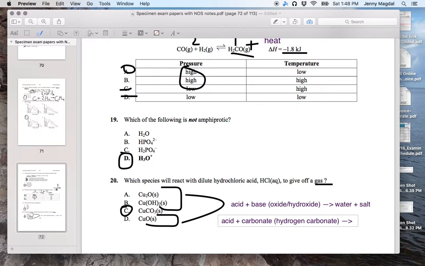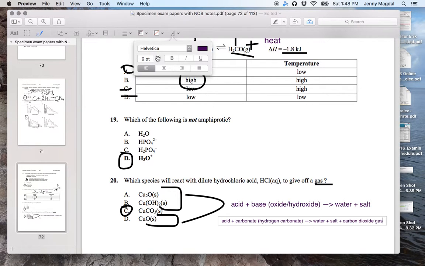They're going to form those same two products that we had before, water and a salt, but they also form carbon dioxide gas. So this one would be my correct answer.